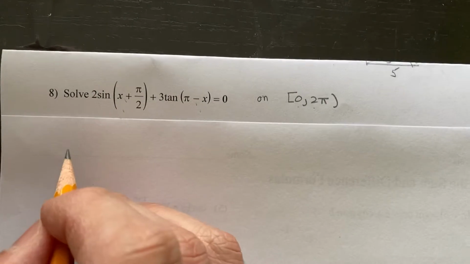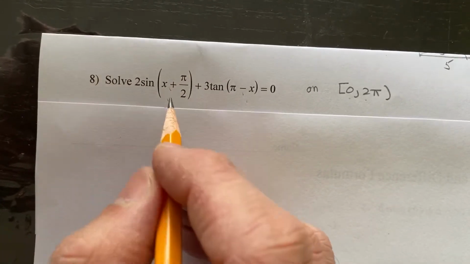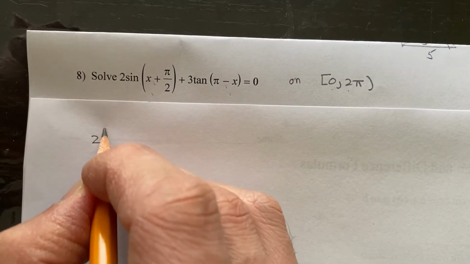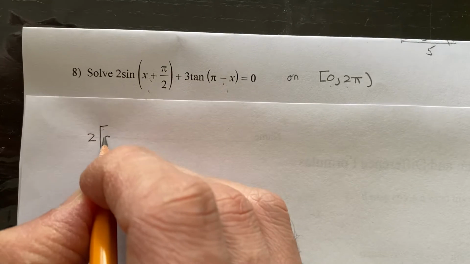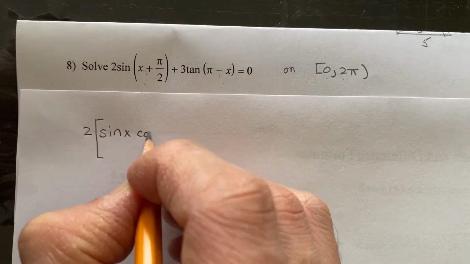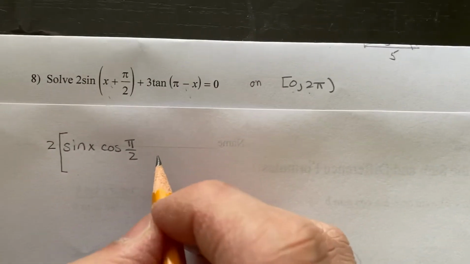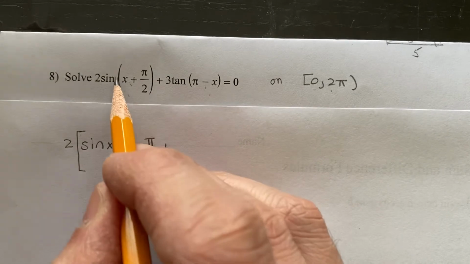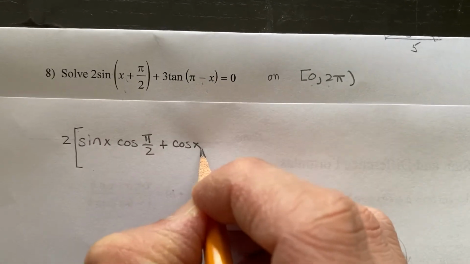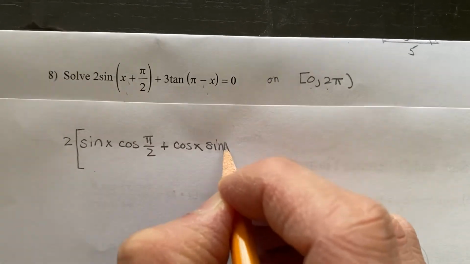Okay, so over here, if I want to take the sine of the sum x plus pi over 2, I'm going to write 2. In fact, I'll write a bracket over here to show the expansion. The sine of the first angle, the cosine of the second angle, plus the cosine of the first angle, which is x, and then times the sine of the second angle.